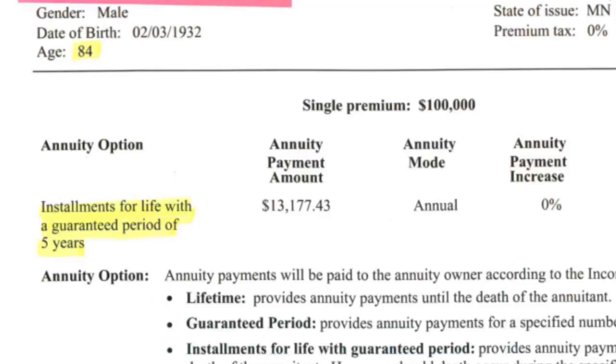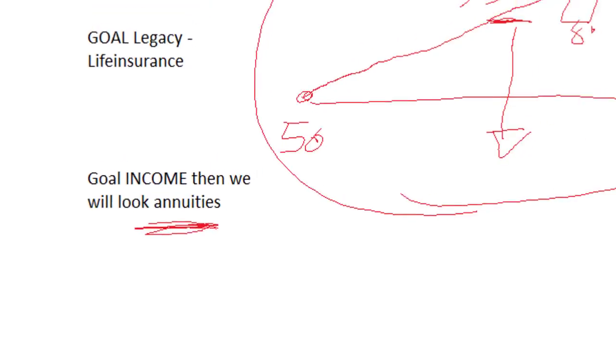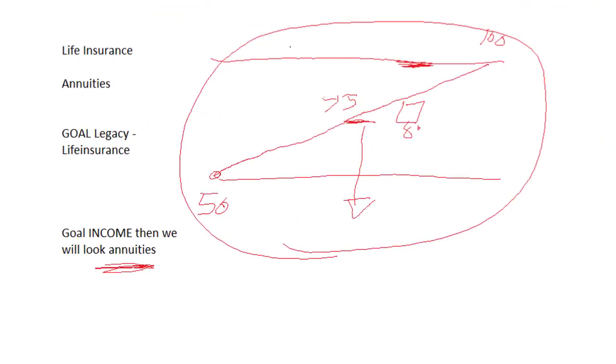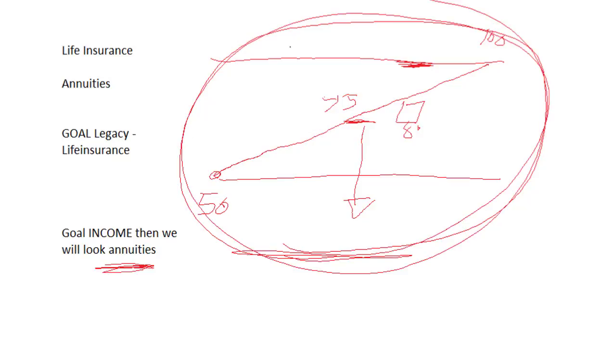And this man is not worried about dying tomorrow because the 5 years is guaranteed. If he dies tomorrow, the plan will pay out for 5 years because it's guaranteed. But he also has this equation set up, the life insurance part. So the $100,000 gets replaced instantly.